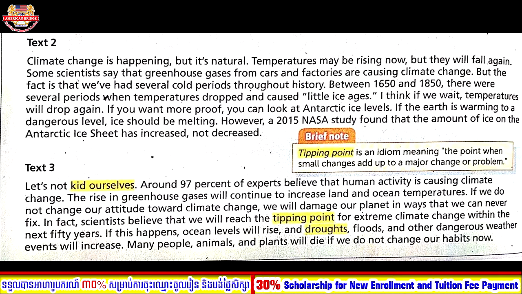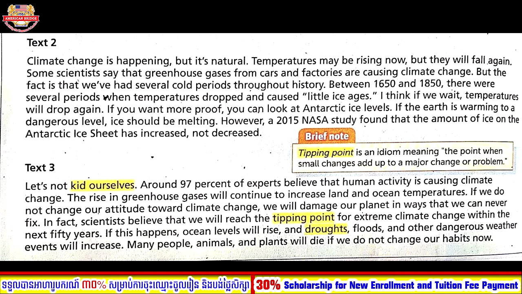Let's not kid ourselves. Around 97% of experts believe that human activity is causing climate change. The rise in greenhouse gases will continue to increase land and ocean temperatures. If we do not change our attitude toward climate change, we will damage our planet in ways that we can never fix.